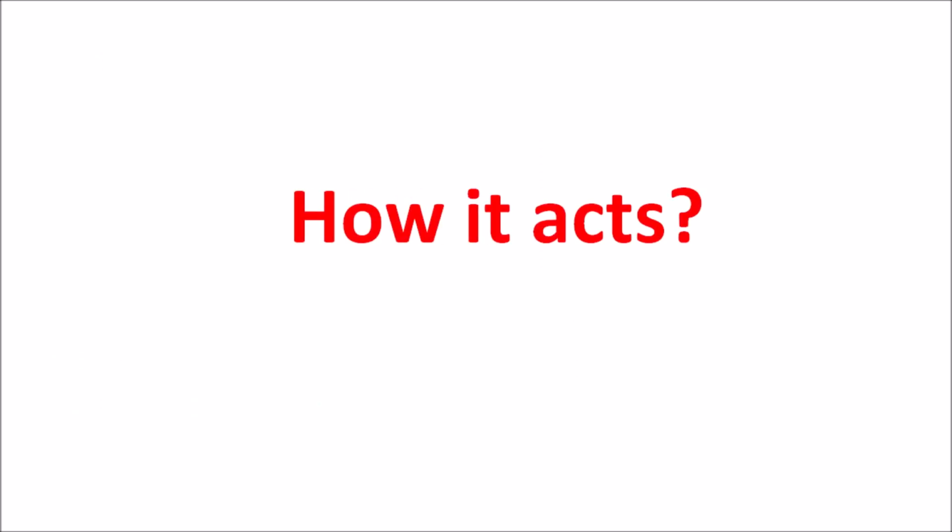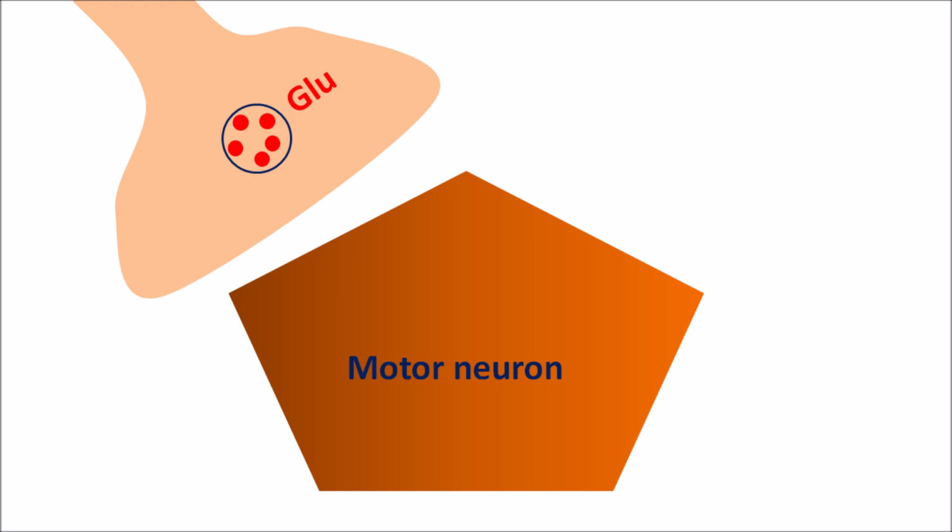Now let us see how this drug acts. Within the CNS, excitatory neurons can carry neurotransmitters such as glutamate, which is an excitatory neurotransmitter. These excitatory neurons can act on motor neurons, which are equipped with glutamate receptors such as AMPA receptors.